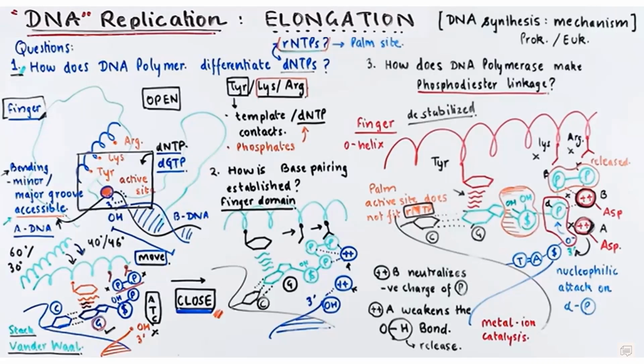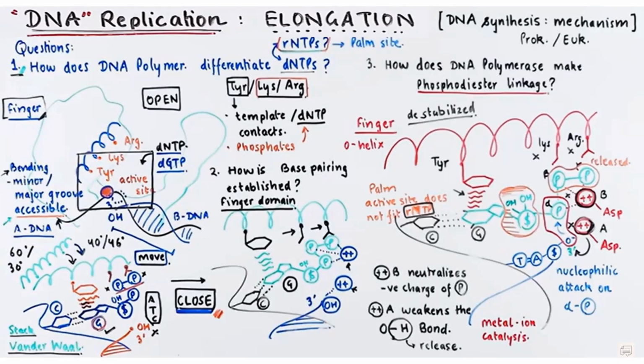To emphasize the point, there is a stacking interaction by the tyrosine on the finger domain, pushing the dNTP against the base on the template strand to be copied. And of course, some other weaker interactions like van der Waals forces are also at play here.